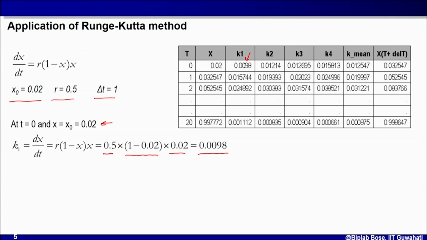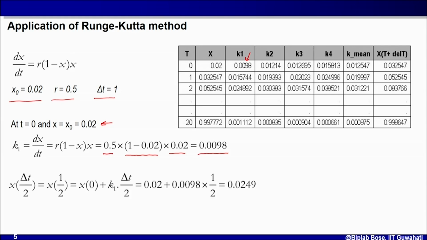So in this table I have written it here, 0.0098. Now I have to draw a line at this value of x and t having a slope k1, and that I will extend up to delta t by 2 time.